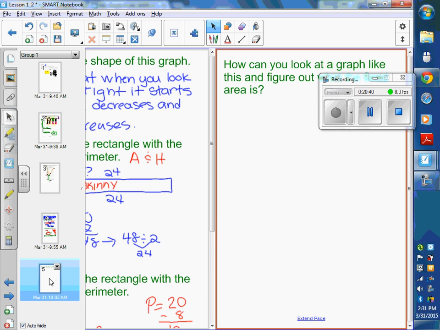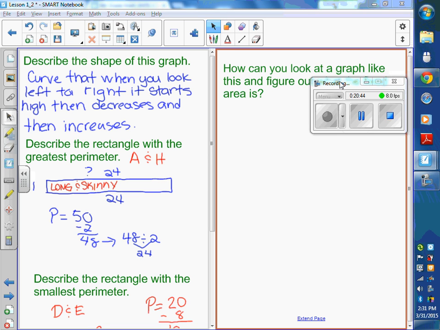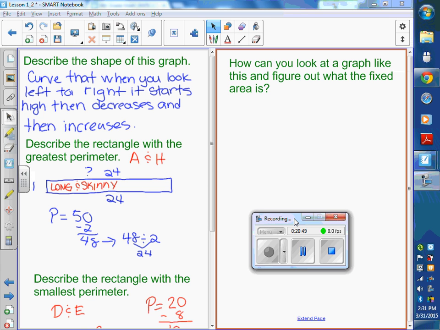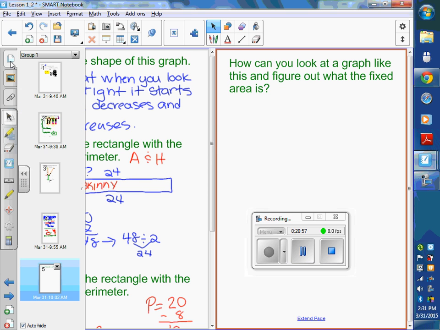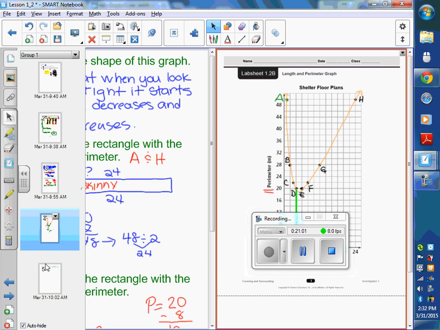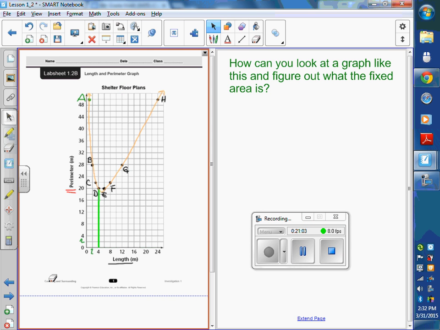Okay, so one more question then. How can you look at a graph? I think we sort of answered it, even though I didn't mean to. And figure out what the area is without knowing the area. Like this graph, if I move it over, how can I use the graph and figure out the area when there's only length and perimeter?